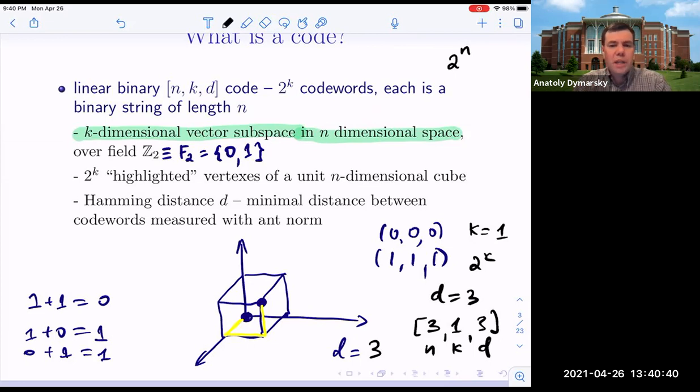If you try to pick more and more points, at some point those points get close to each other, so your Hamming distance will become small. So this is a tension. The art of designing a good code is to be able to pick as many points as possible while maintaining minimal distance as large as possible.